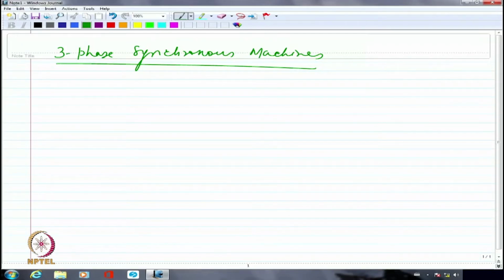Okay. So the synchronous machines are one of the most important machines which are commonly used, especially as a generator. Very, very commonly it is used as a generator.